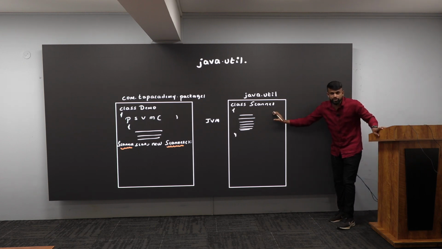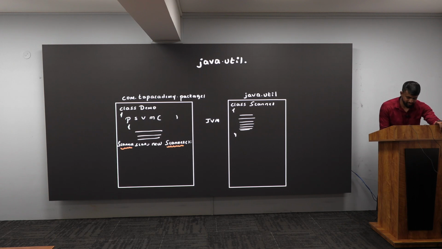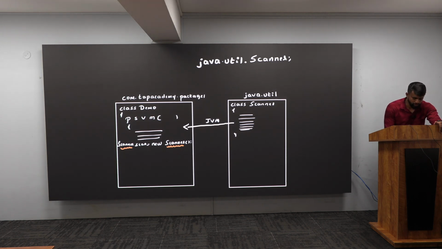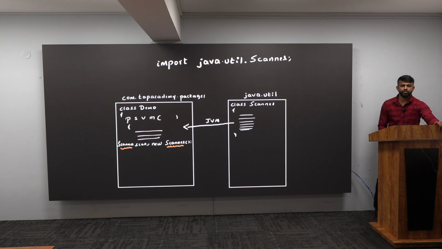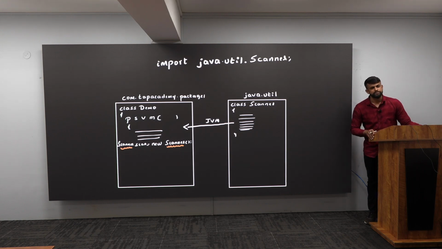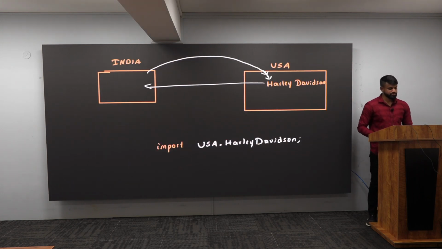What product do you want? Scanner. Very good. So dot scanner. And what are you doing? You're taking it and putting it in your folder. Yes or no? What should you do? You should import it. And this statement, you should write in your program. Then only it will work. Really, sir? Watch it.